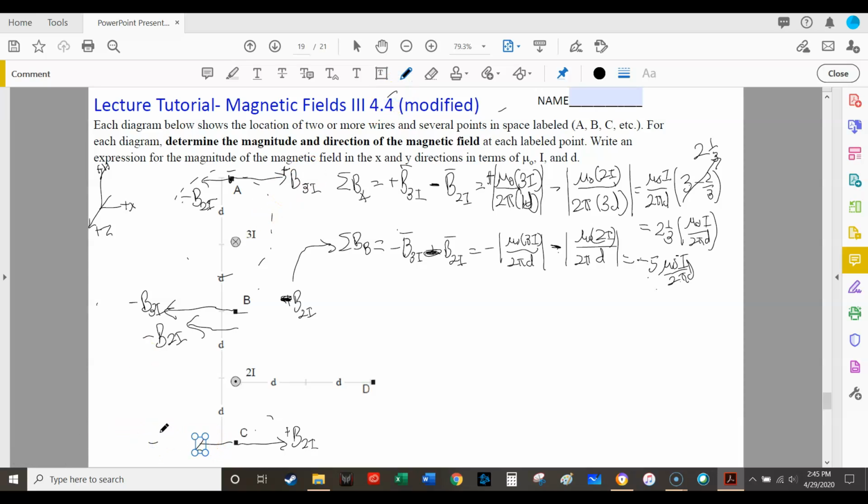And so this is negative B3I pointed to the left. So now these guys are going to be subtractive. They're going to be fighting each other. So the magnetic field at C, when we sum that up, is going to be negative B3I. Remember to put my vector heads on stuff.